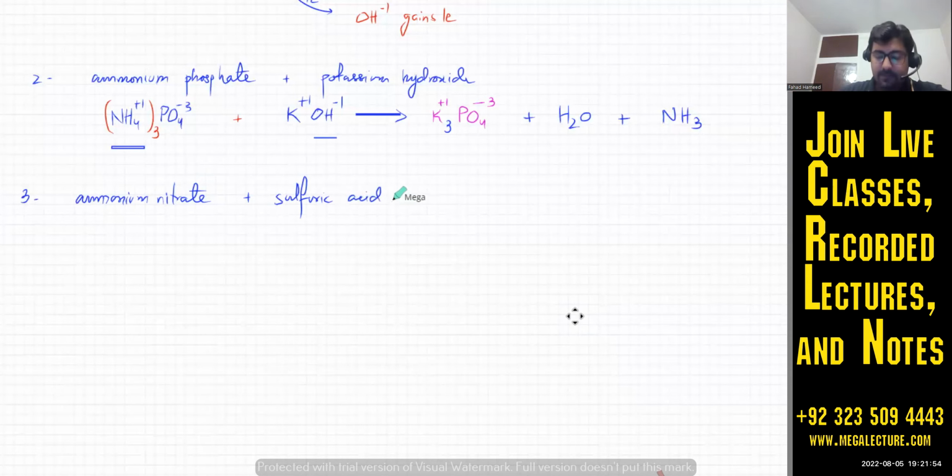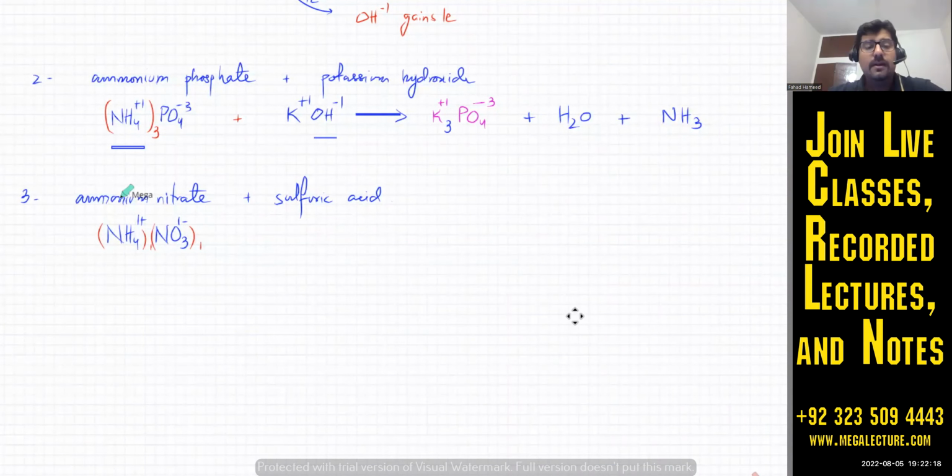So ammonium is NH4 1+, nitrate is 1-. So no point doing crisscross. It's just 1 and 1. This will be 1, and this will be 1.